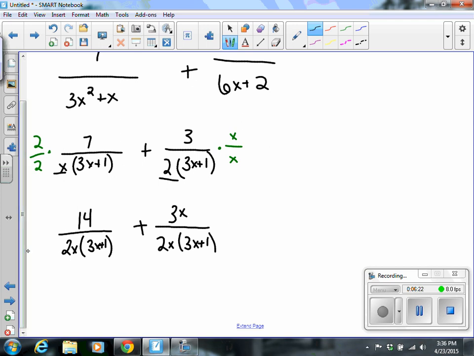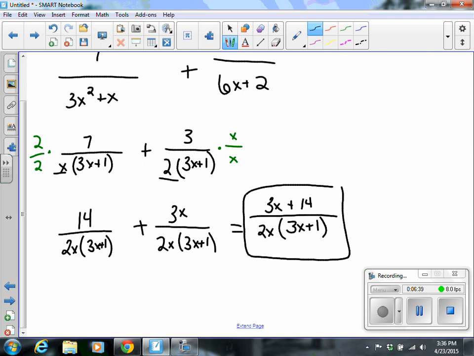Well, now I can go ahead and add these. Notice though that the numerators are not like terms, so I can't actually combine them. So I'm left with (3x plus 14) all over 2x times (3x plus 1).